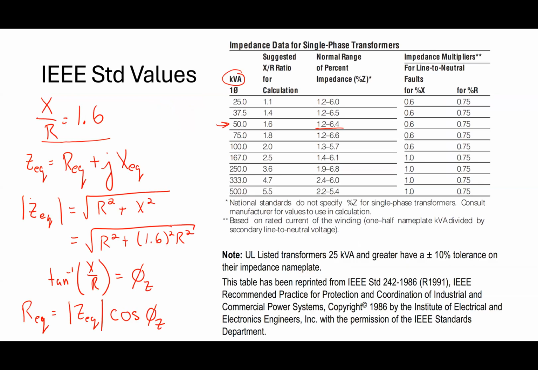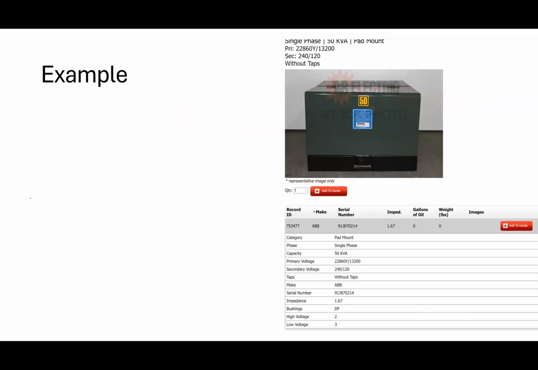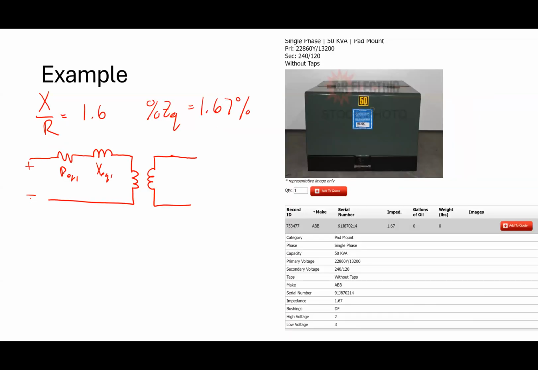Based on standard IEEE values, I came up with 1.6. I would give you a number like that probably, right? So I've got that ratio is 1.6. Here's V1. Here's V2. I want to figure out what REQ1 and XEQ1 are on the primary side.